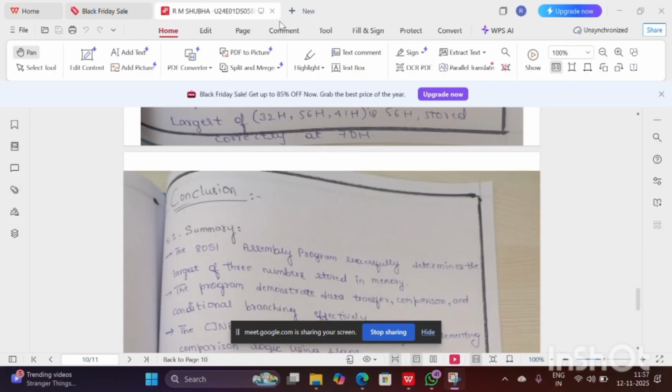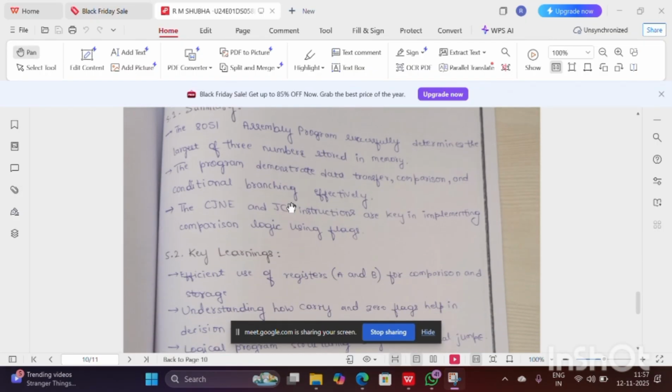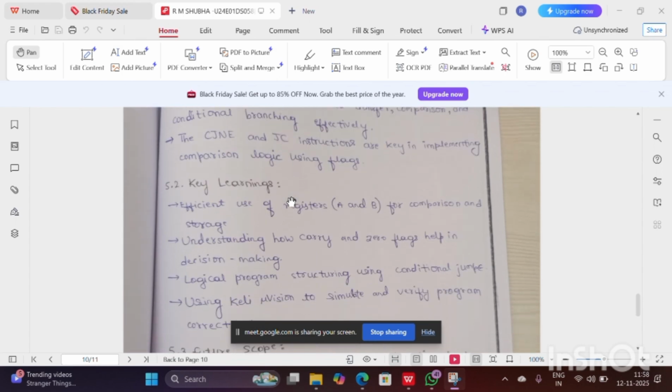Conclusion. In summary, the 8051 assembly program successfully determines the largest of three numbers stored in memory. The program demonstrated data transfer, comparison, and conditional branching effectively. The CJNE and JC instructions are key in implementing comparison logic using flags.